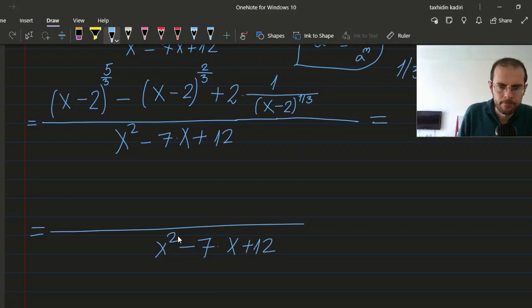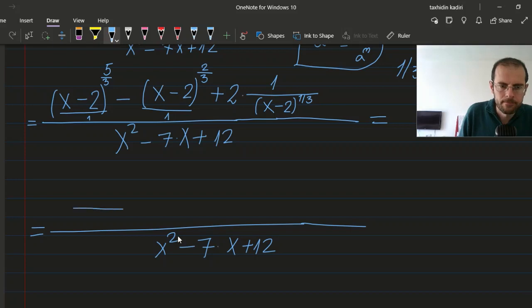Here we must, for the denominator it's 1, because when this whole expression is divided by 1, it stays the same expression. We can write here, and this for it's 1.